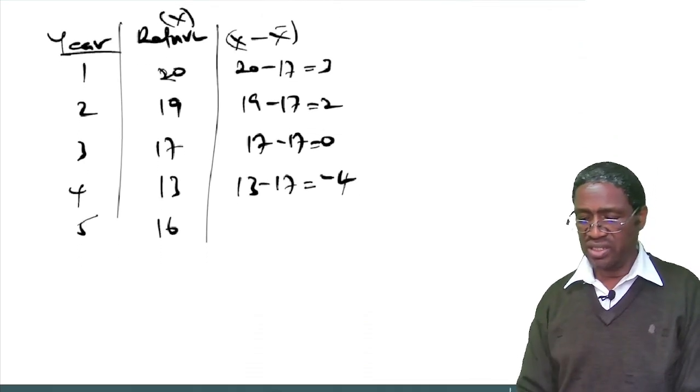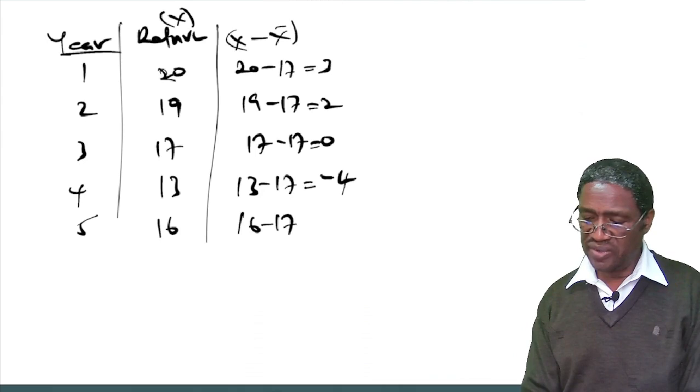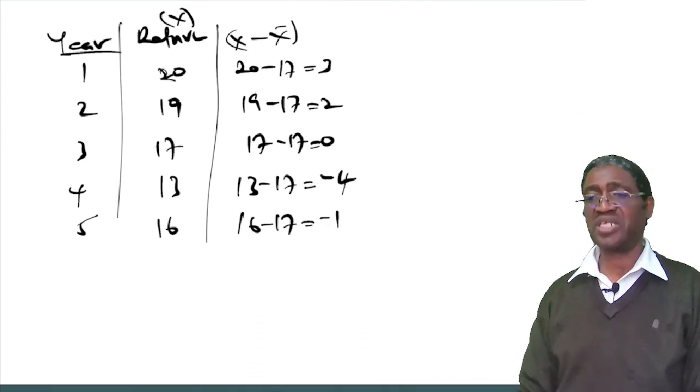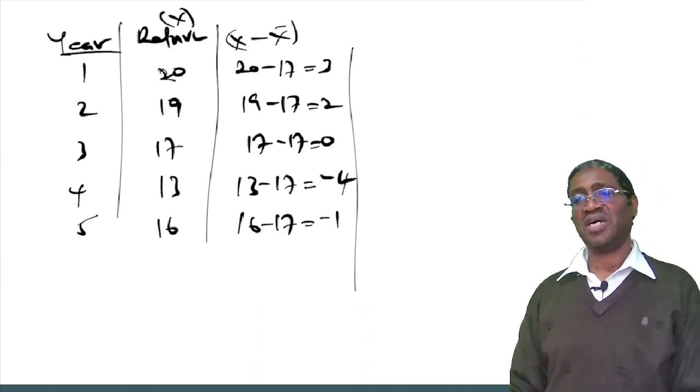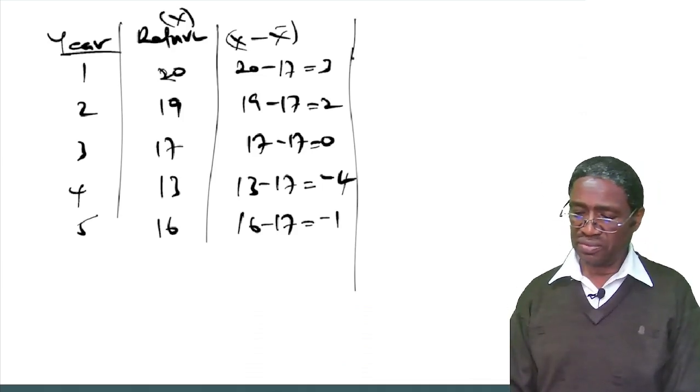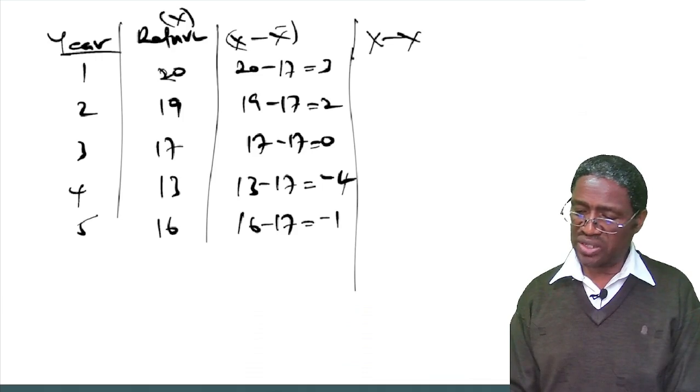Then finally, 16 minus 17, that gives me negative 1. Good. Then after that, I need another column now for x minus x bar squared.